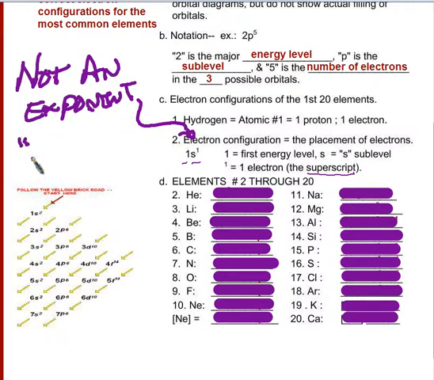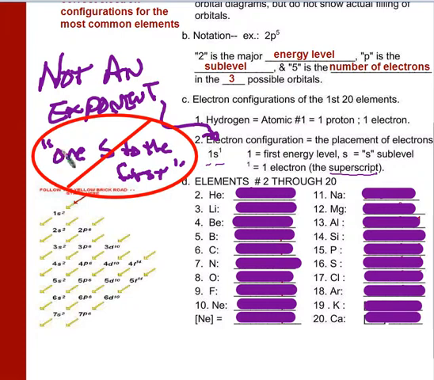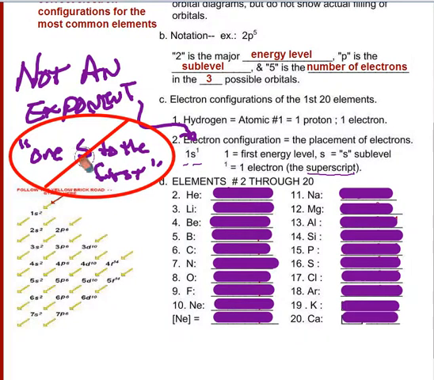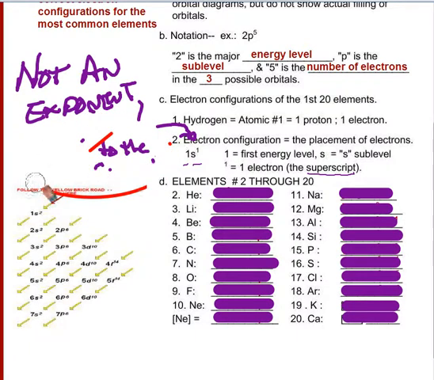You don't say 1s to the first. You just don't say that. You would say 1s1. That's it. You do not say 1s to the first. You would say 1s1, which is the electron configuration for hydrogen.